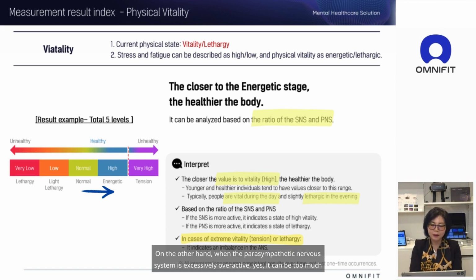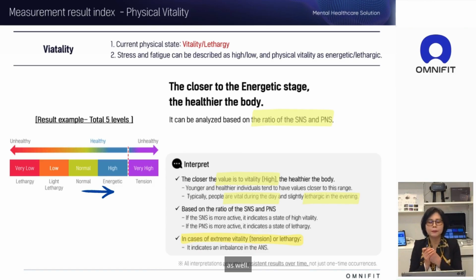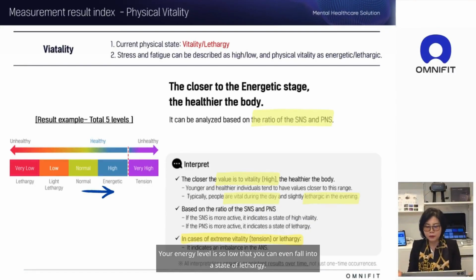On the other hand, when the parasympathetic nervous system is excessively overactive, it can be too much as well. You feel weak physically. Your energy level is so low that you can even fall into a state of lethargy. So, when you try to do something, you just don't have the strength. In such cases, depression can sometimes accompany these symptoms.